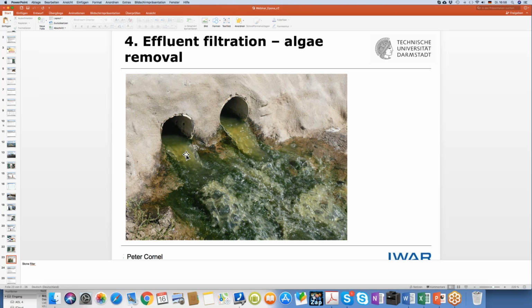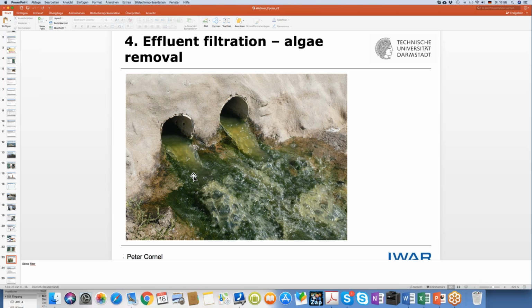Then algae are no problem. If we want to do drip irrigation, for example, we would need very clear water. So the idea is to test out, and as it seems, it could be quite easy with just a horizontal flow gravel bed.